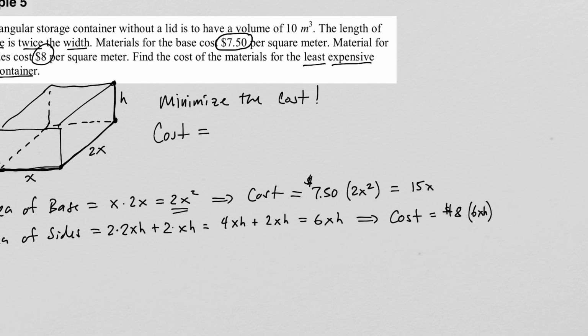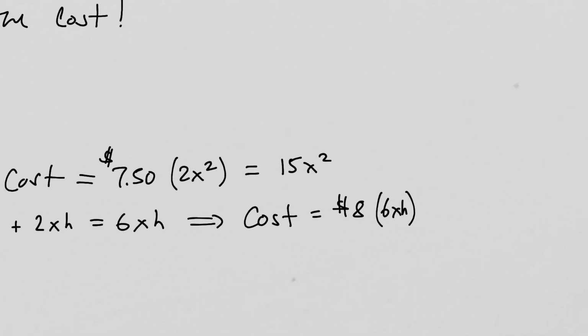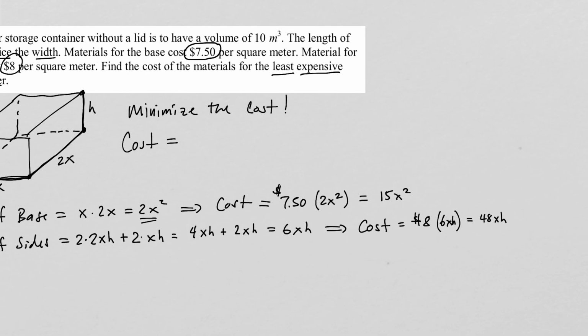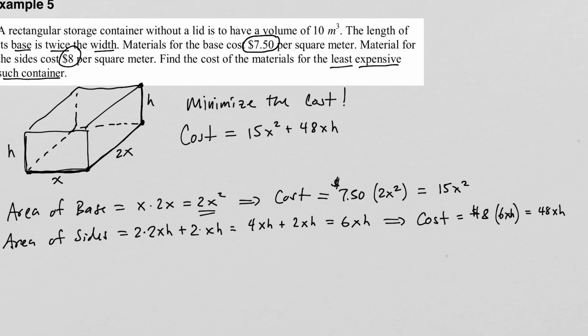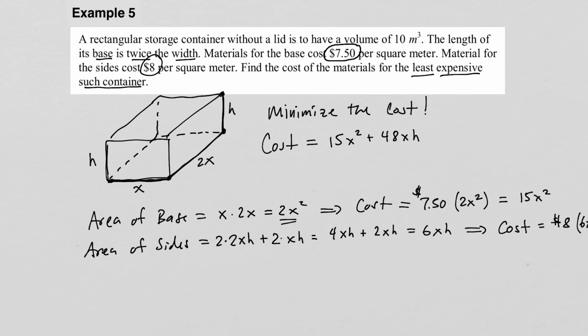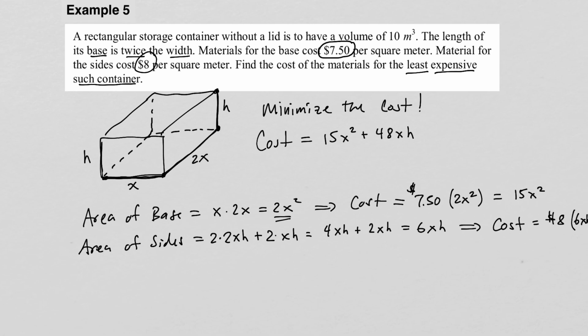So that is 15x squared. And 8 times 6xh is 48xh. So the total cost is 15x squared plus 48xh. And to me, this is the most challenging part of this problem. So let's save this, and we'll come back to it in just a minute.